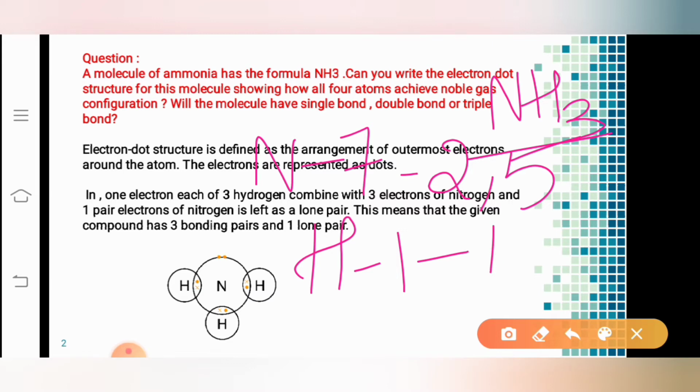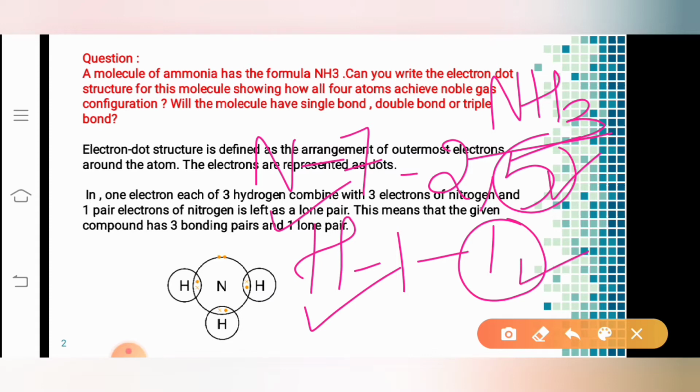By looking at their valence electrons, which are present on their outermost shell, we can come to a conclusion how many electrons are needed by each atom to obtain their noble gas configuration. So this nitrogen atom has 5 and it needs 3 more electrons to obtain the noble gas configuration, and hydrogen needs only 1 electron to obtain the noble gas configuration.